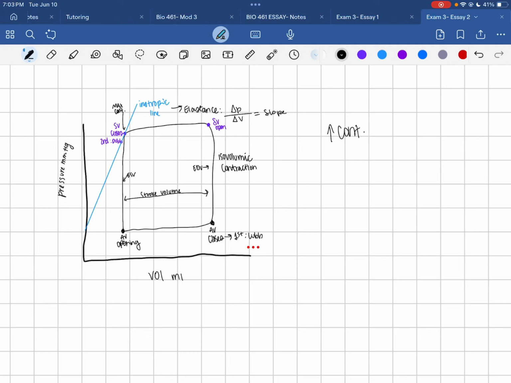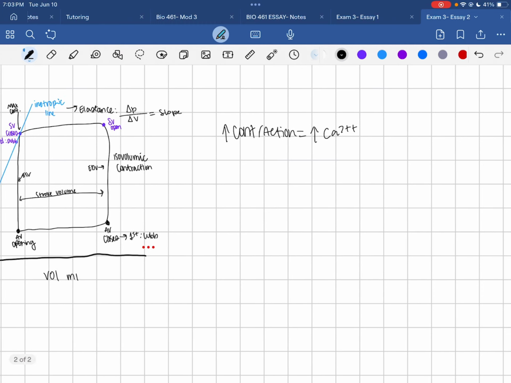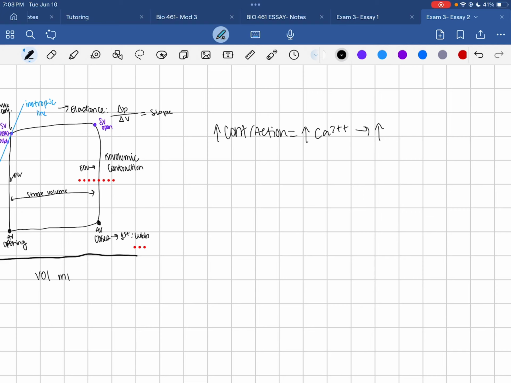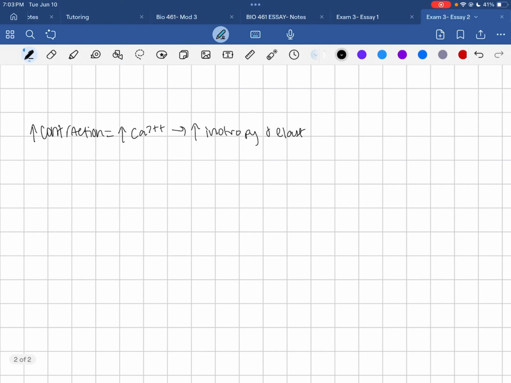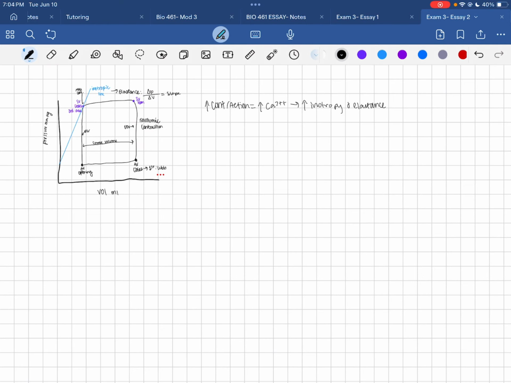So if we have an increase in contraction, that means an increase in calcium, which leads to an increase in inotropy and elastance.